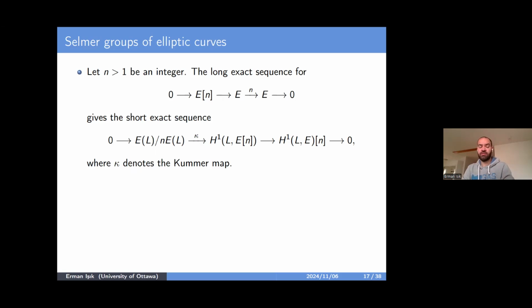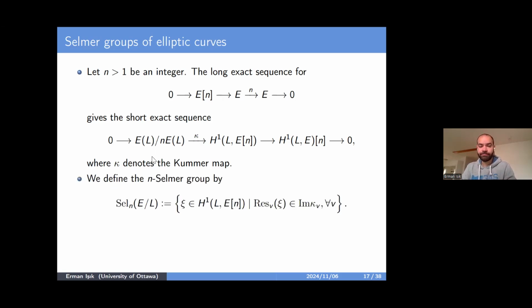That gives us a certain diagram. This diagram and the localized version of them allow us to define the Selmer group, where we take the collection of objects in this whose restriction lies in the image of the Kummer map. So this kappa_v is the Kummer map for every local field.